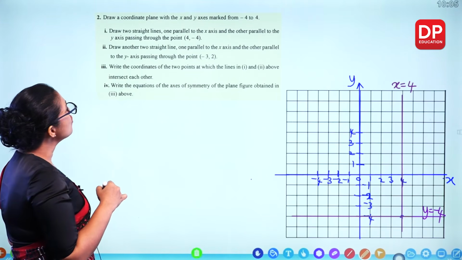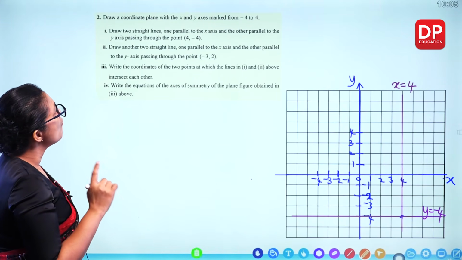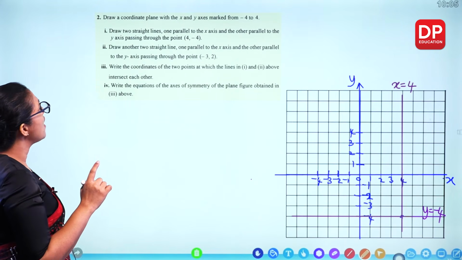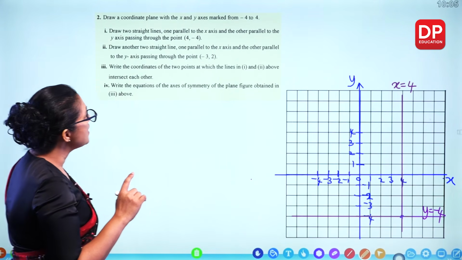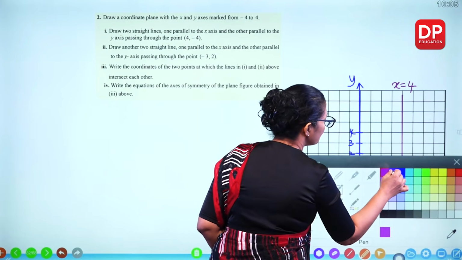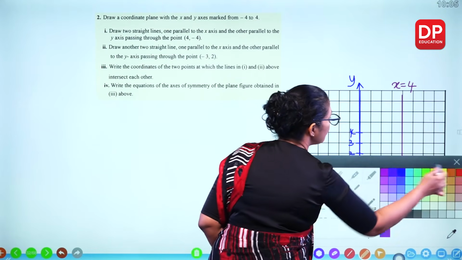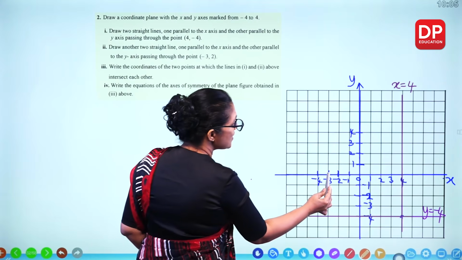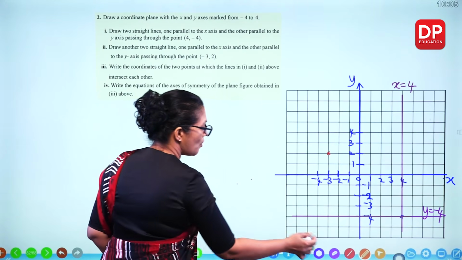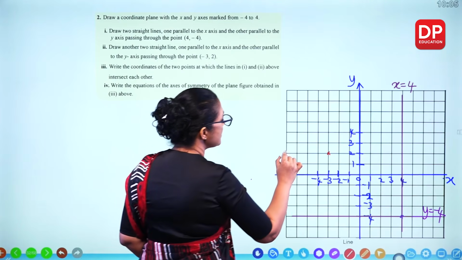Draw another 2 straight lines, one parallel to x-axis and the other parallel to y-axis, passing through the point minus 3, 2. What's the point? Minus 3 and plus 2 here, this one. So what are the 2 lines?